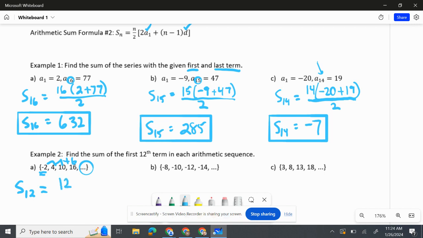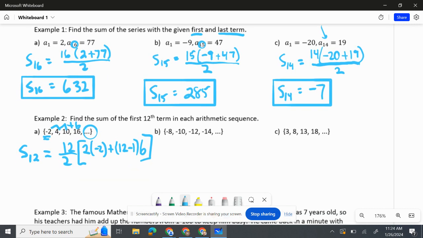We're going to go 12 over 2. We have 2 times -2 plus we have 12 minus 1, and our common difference is 6. And that right there gives us a sum of 372.